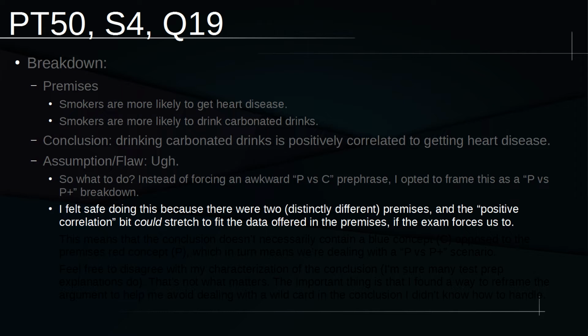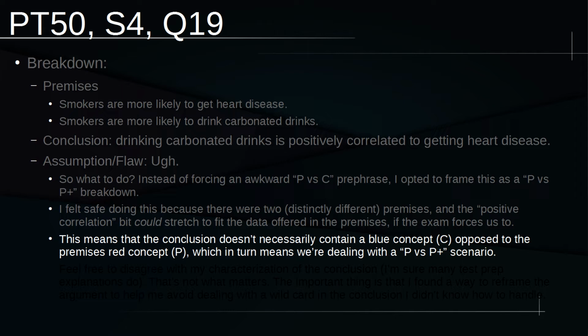Not every single situation is going to yield itself to that, but I could see that if I had to, I could go back to the conclusion and find some way to reincorporate it into my analysis. Also, there were two very distinct premises, and that really helps a lot in making me feel safer trying the P versus P plus route instead of forcing myself to stick with P versus C when I didn't really know how to handle the C concept.